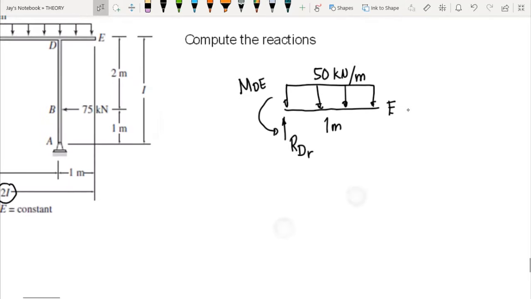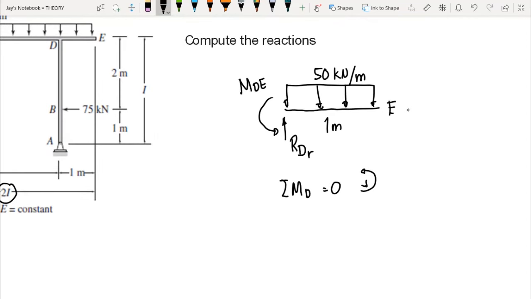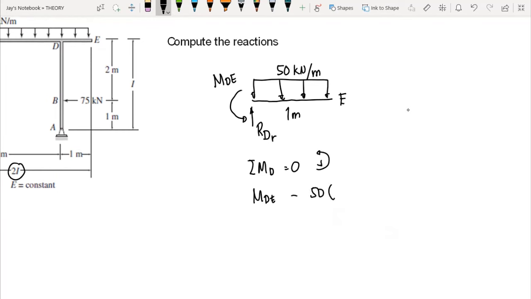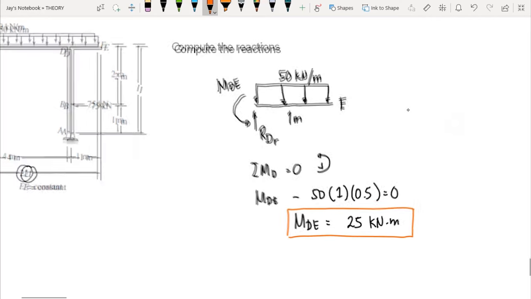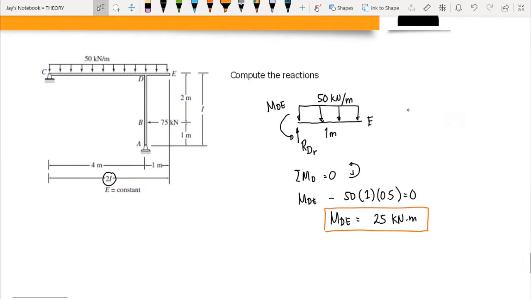To compute MDE, we sum up moment at D equal to 0, counterclockwise positive. Then we have MDE minus 50 times 1 times 0.5, and this equals 0. So we have MDE equal to 25 kilonewton meter. So we have solved MDE now. This could be helpful, especially when we will be creating the joint condition later on.